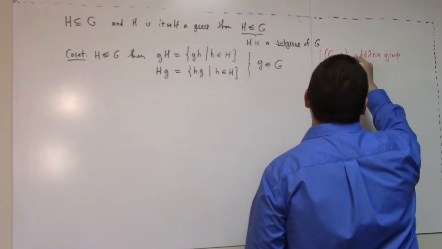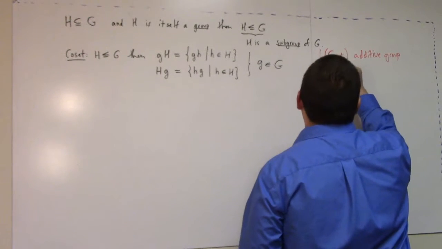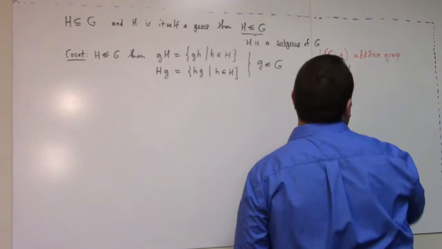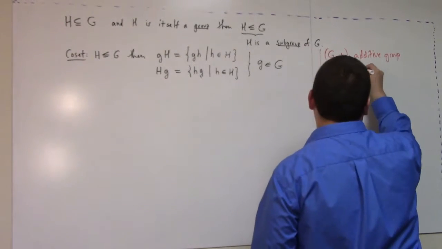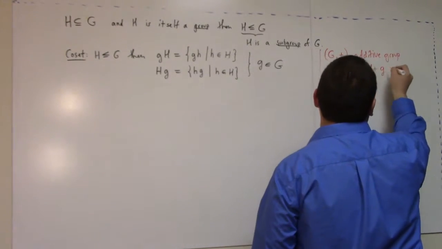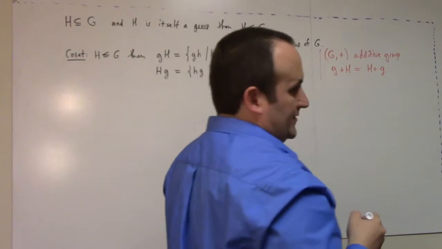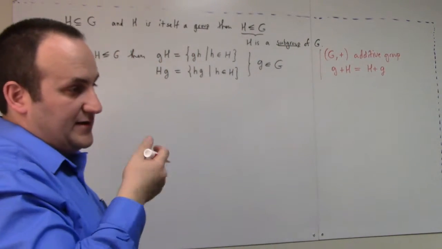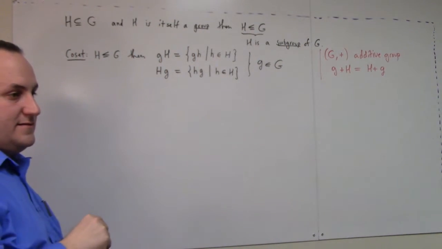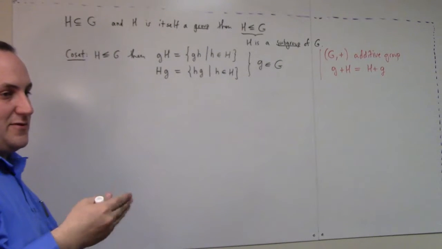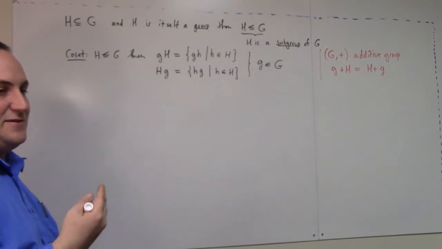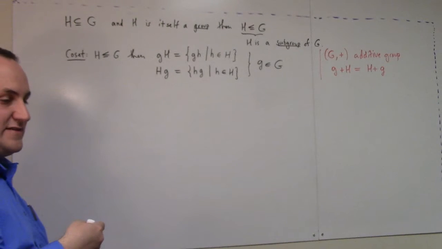But so here, a left coset would be something like g plus H, and a right coset would be something like H plus g, and these will be equal in the case of an additive group, because in an additive group, addition commutes. You've got elements of the form g plus h, but g plus h is equal to h plus g, so anything in the left coset is in the right coset and vice versa.